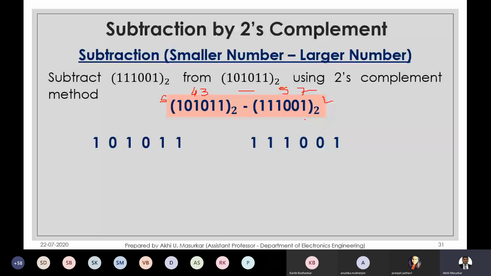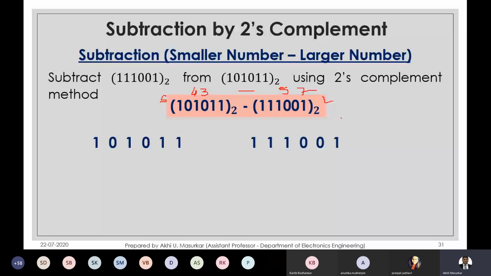I want only the 2's complement of the larger number. Pranjali, the answer will be minus 14. Now we know that, but how to arrive at it is also slightly important. That is why I am asking for answers of the intermediate step. It's good that you arrived at that answer.